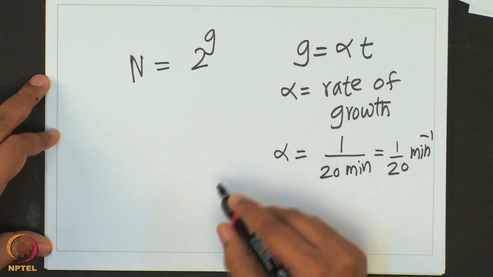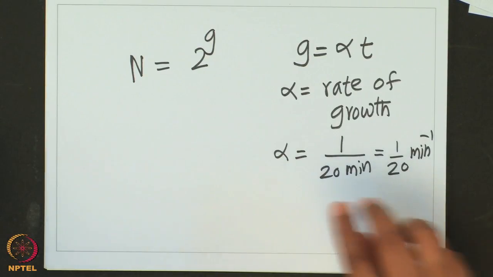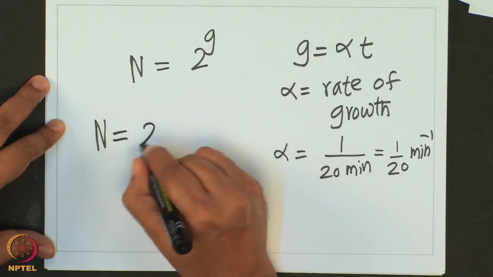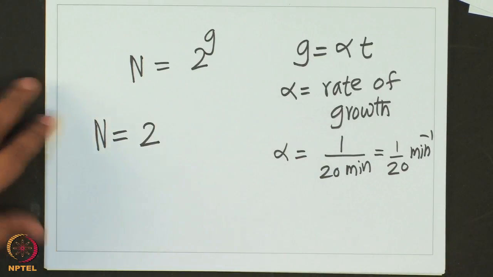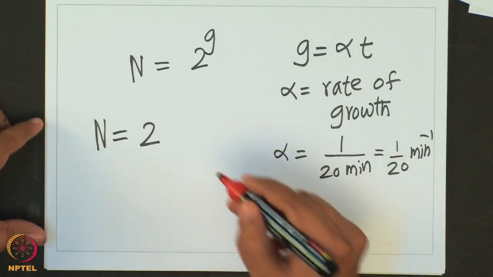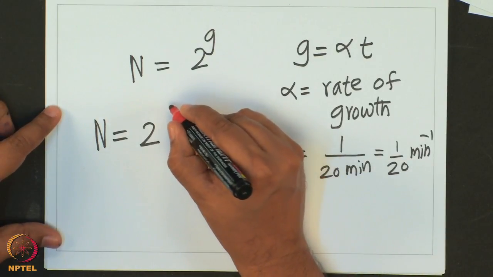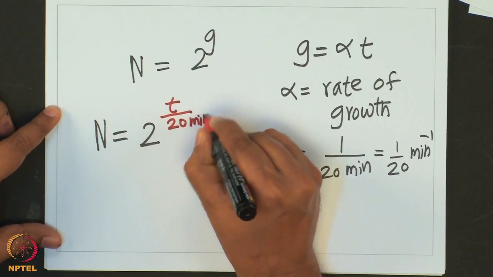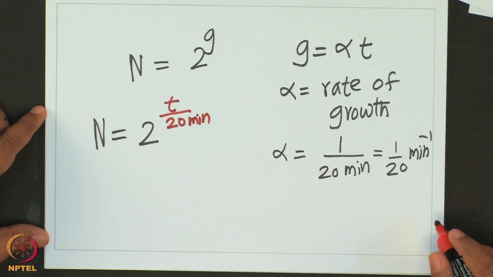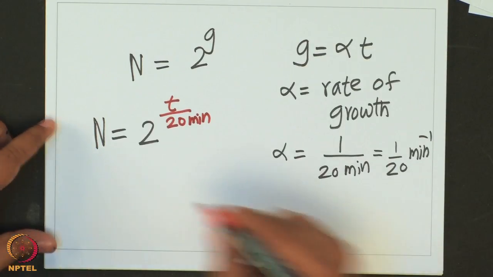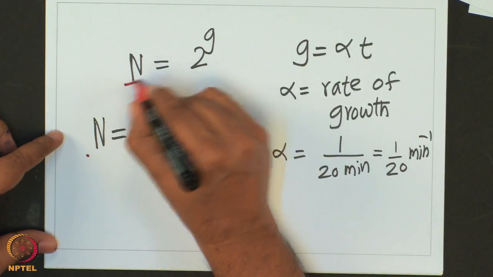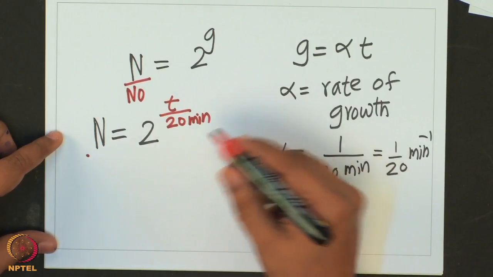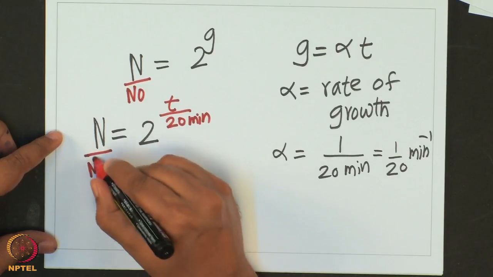If alpha is this, I could write n is equal to 2 power t, which is time, divided by 20 minutes. And actually this should be n by n0. I could write even this as n by n0 if I want.